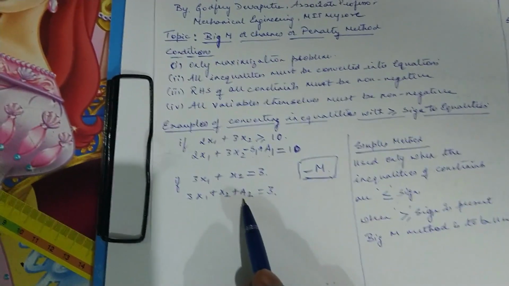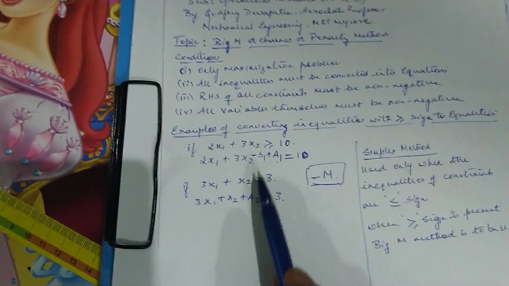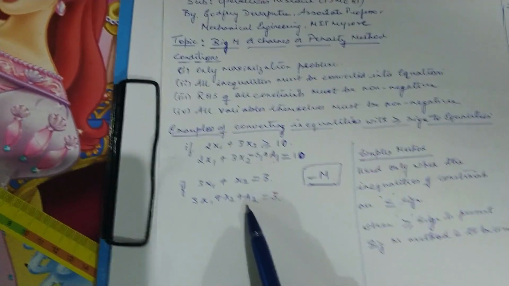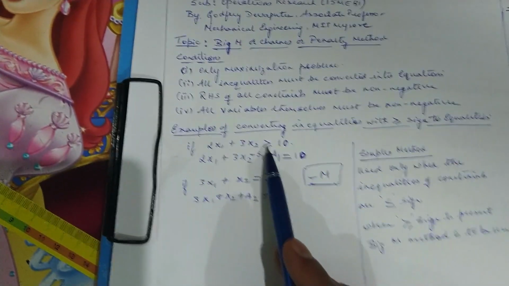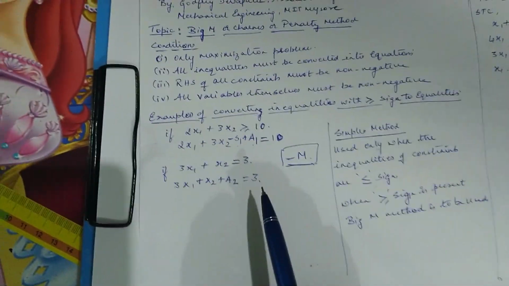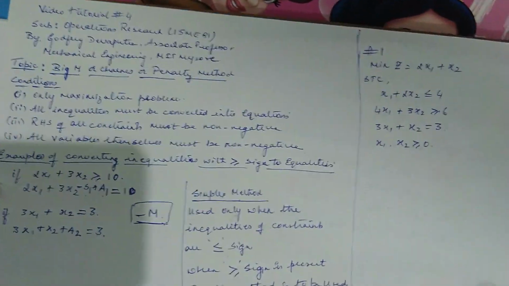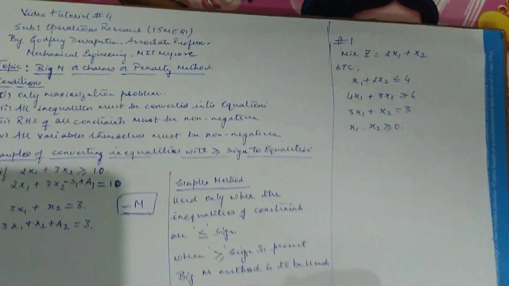So regardless of whether the sign is greater than or equal to, or equal to, we are going to add the artificial variables. Whereas when we have a less than or equal to sign, that is when we add the slack variable, just as in the case of the simplex method, we are not going to add the artificial variable. The rest of the procedure remains the same.